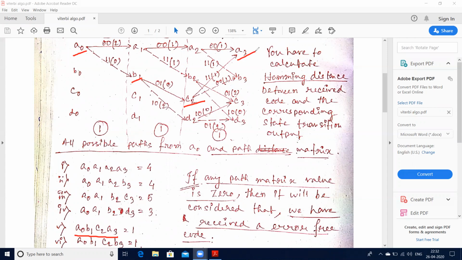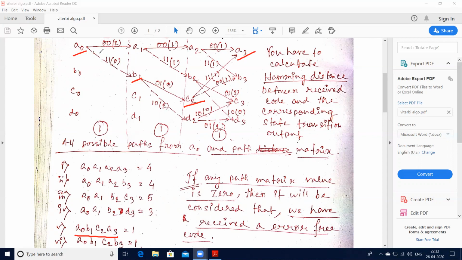We are starting from A0. The next state is B1. With B1 as the present state, the next state is C2. With C2 as the present state, the next state is A3. So for this path from A0 to A3, we have to add all the Hamming distances.